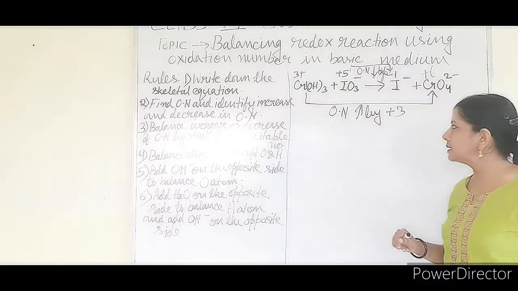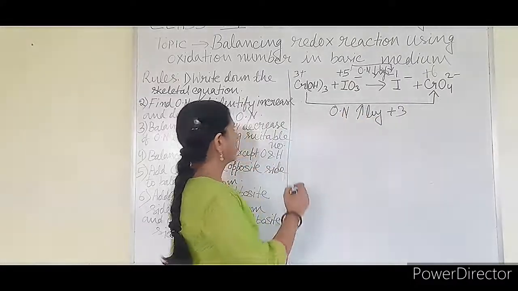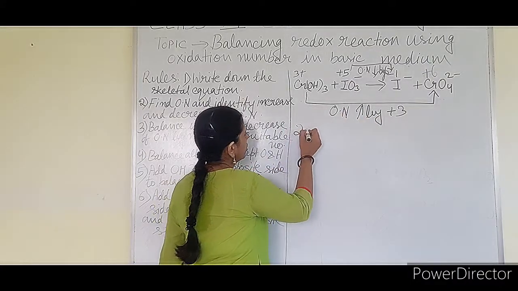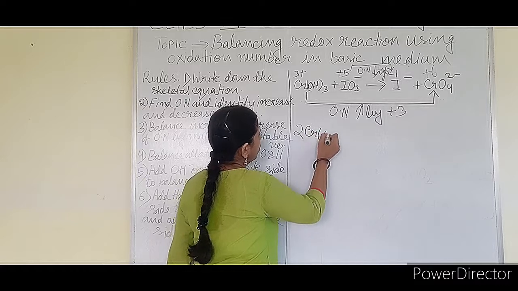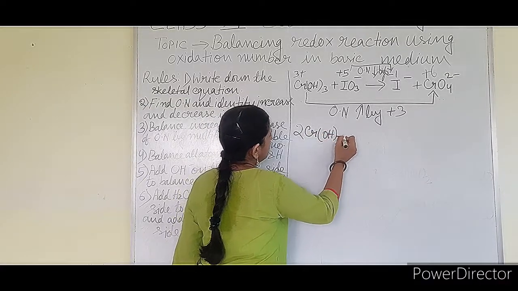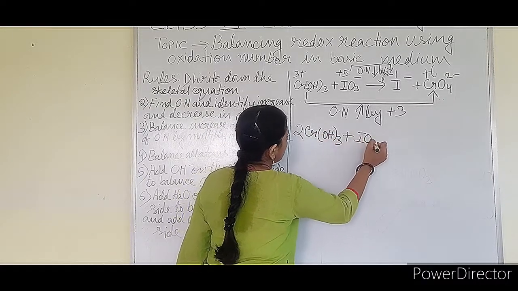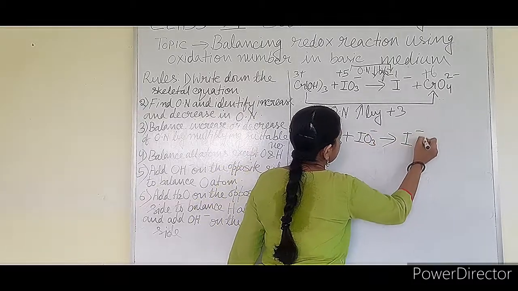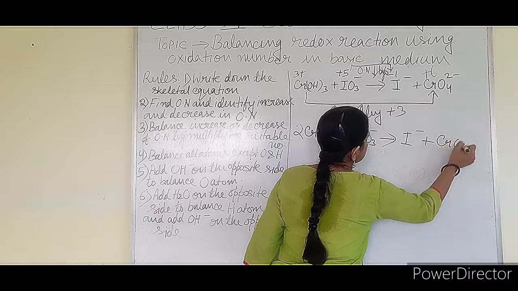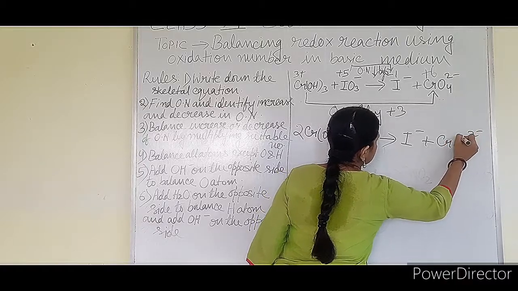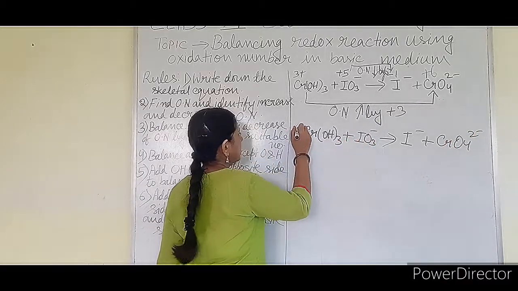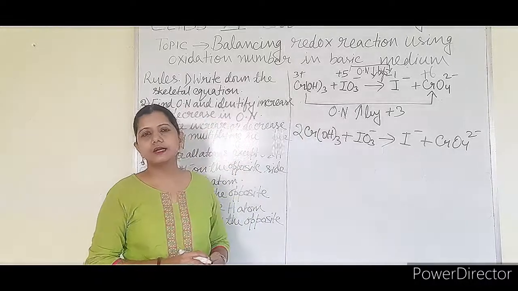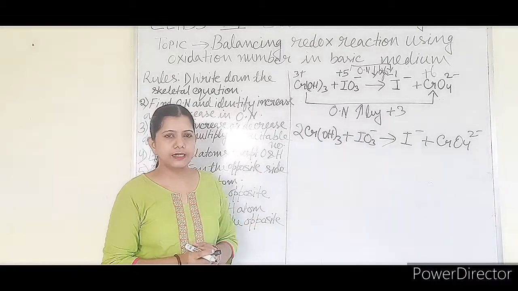So my equation changes to 2 Cr(OH)3 plus IO3 negative gives you I negative plus CrO4 2 negative. Here I am multiplying with 2 to balance the oxidation number increase and decrease.